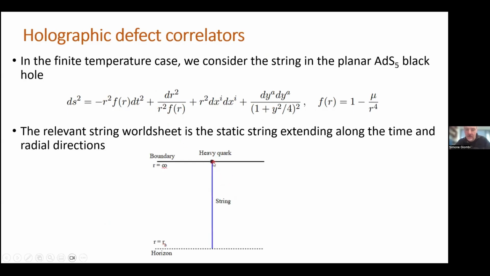We have this heavy quark probe at the boundary. So this is a fixed time. If you let time run, it will describe the line defect. And then we have the string stretching from the boundary all the way down to the horizon. So the worldsheet is basically just a two-dimensional geometry extending along the time and radial direction of this ten-dimensional bulk geometry.